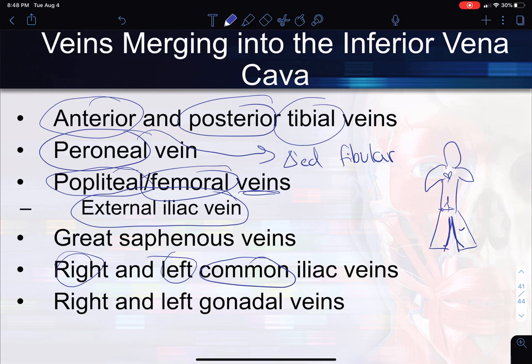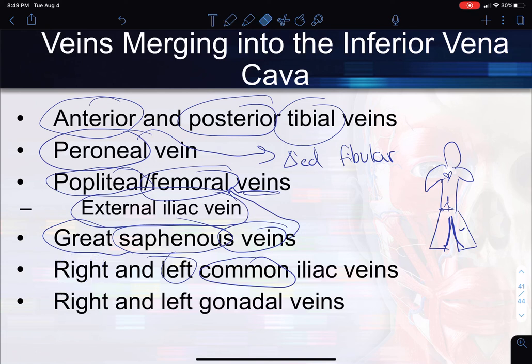I forget what saphenous means, but it's called the great saphenous vein, and those also dump directly into the femoral vein. The reason we point out the saphenous vein is because it has a lot of clinical applications. It's a great site for injections, and if you're trying to reconstruct anything in the lower leg, you might use the great saphenous vein and repurpose it into something else.